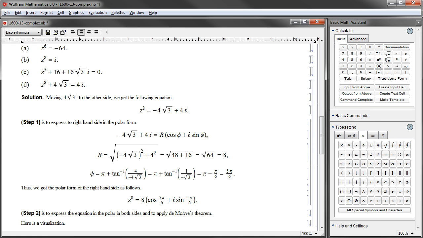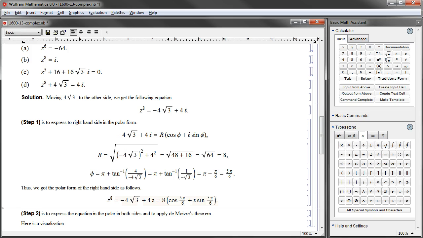In short, we ended up with this equation: z to the 8th power, which is that, but in turn is equivalent to 8 times cosine of 5 pi over 6 plus i sine of 5 pi over 6. Now we are ready to solve this equation, but before that we have to express z in polar coordinates as well.